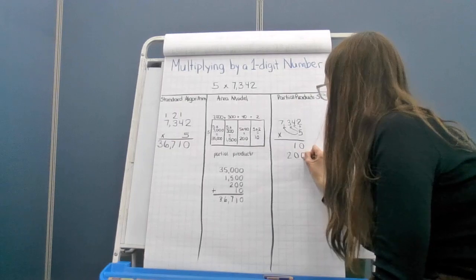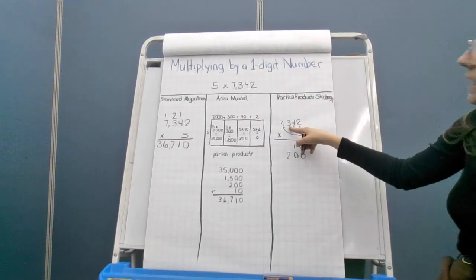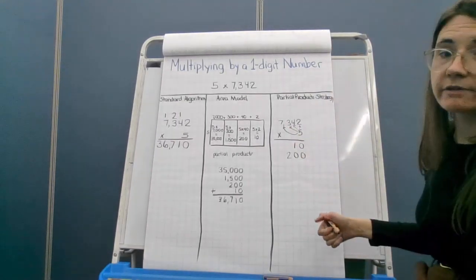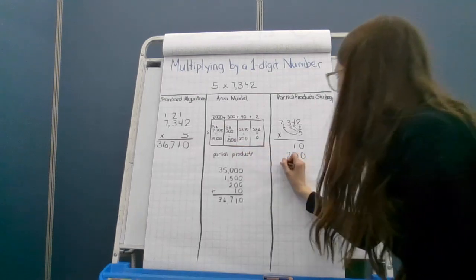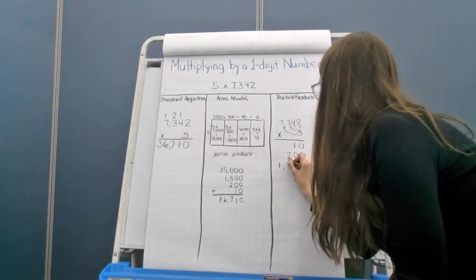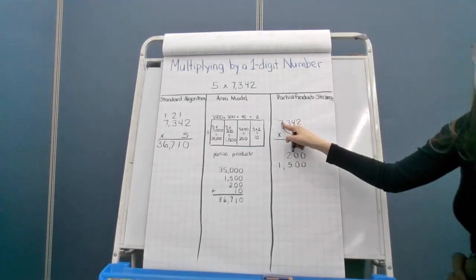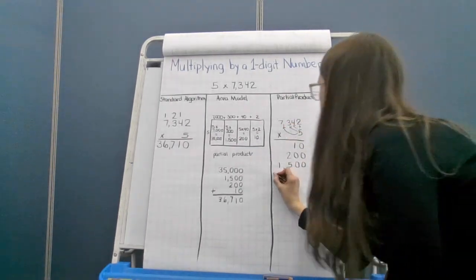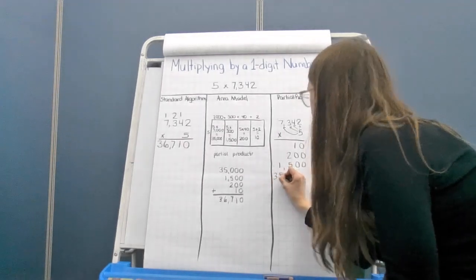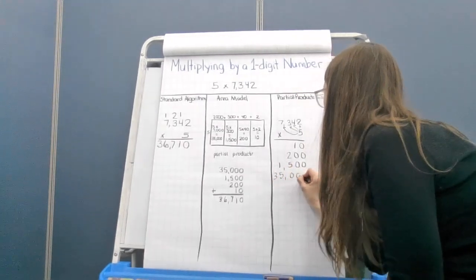5 times 300 is 1,500, like we found over here. And then finally, 5 times 7,000 is 35,000 right here.